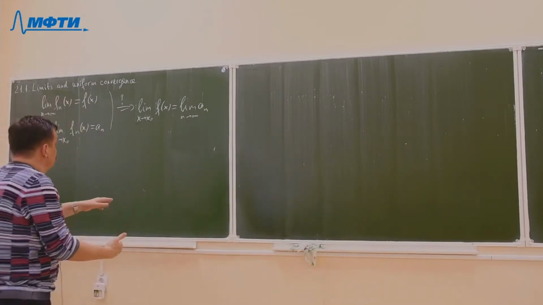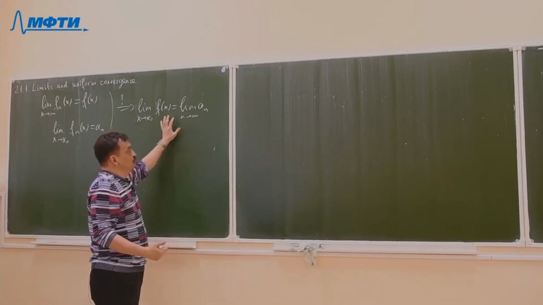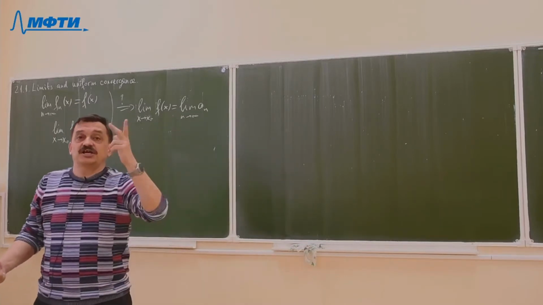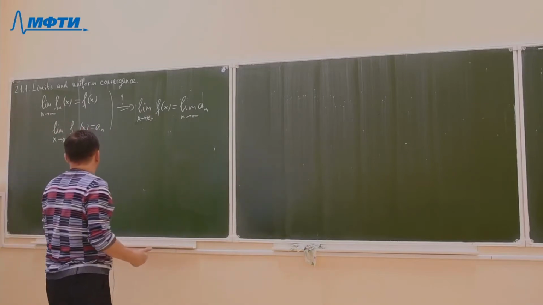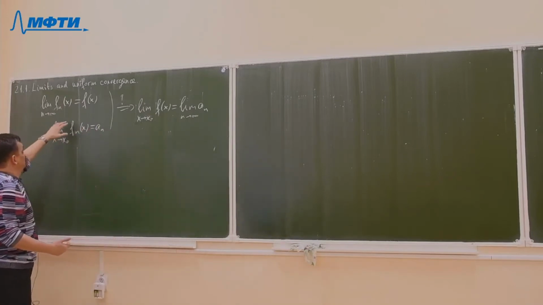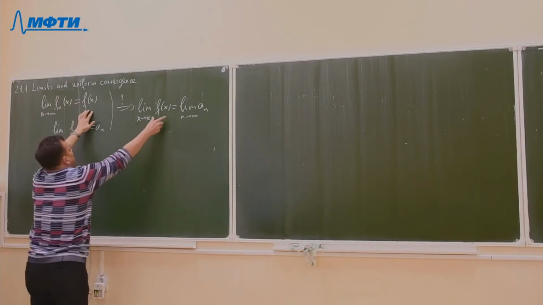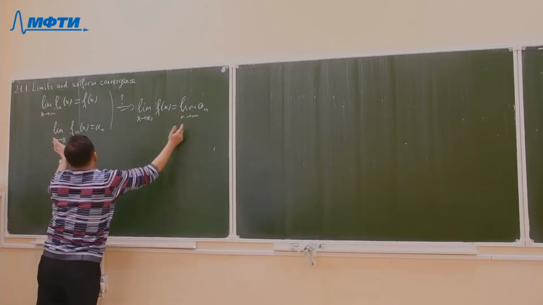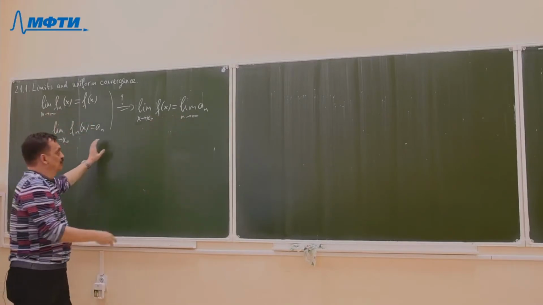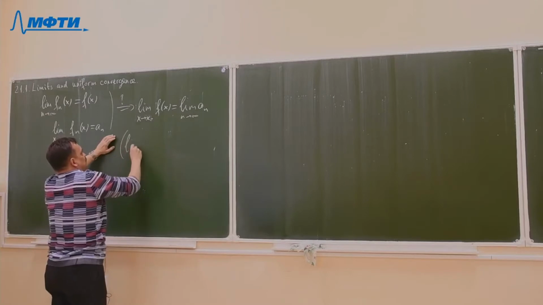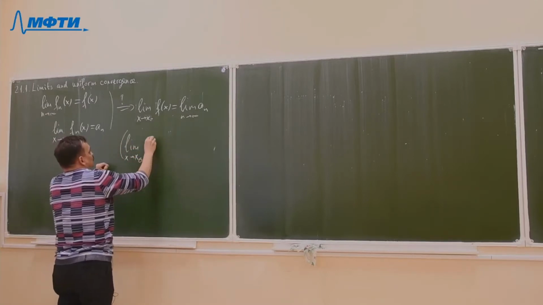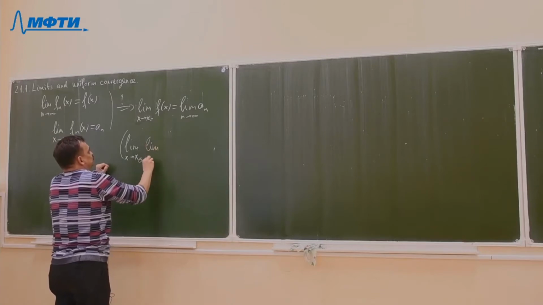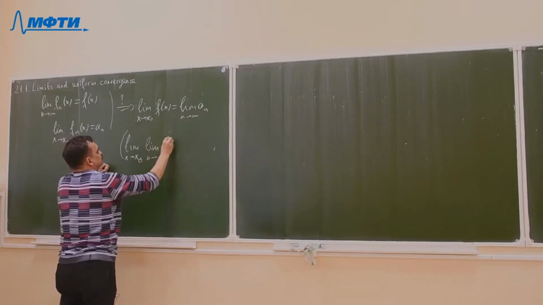And the question is if we can change the limiting process, because f(x) is this limit, a_n is that limit. So we ask about the possibility to change limits.